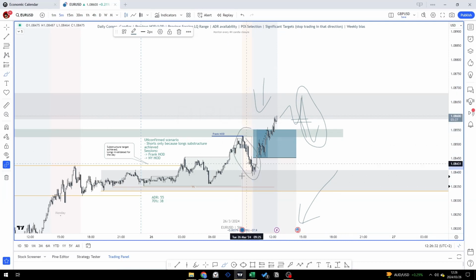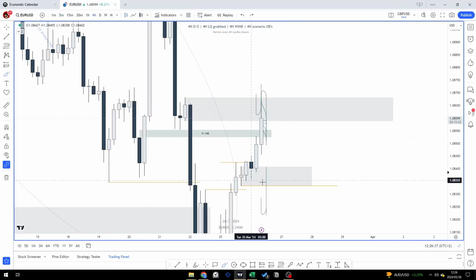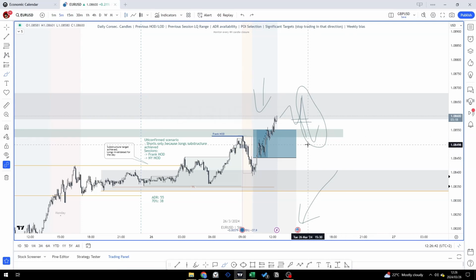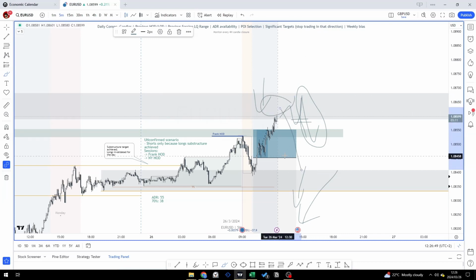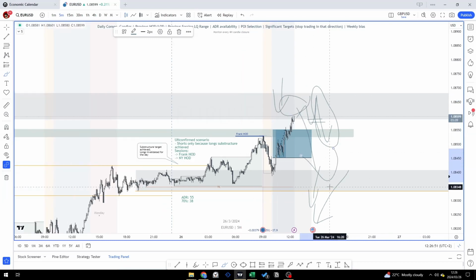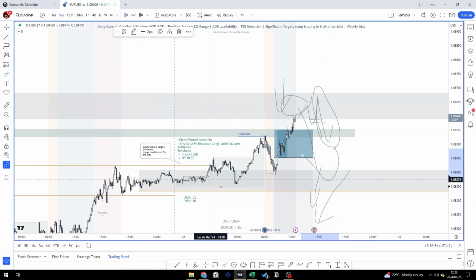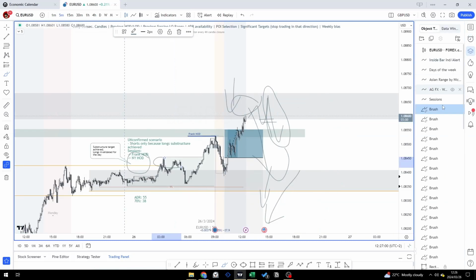The only issue here is we had a barrier, whereas if we do this, it's unlikely that we're going to have a barrier. The closest barrier is there, and then we need CB consumer confidence news to be positive for the USD, and that will validate why further shorts make sense. From a EURUSD perspective, longs don't really make sense for today, given that substructure has already been achieved in the current day. So that's EURUSD.